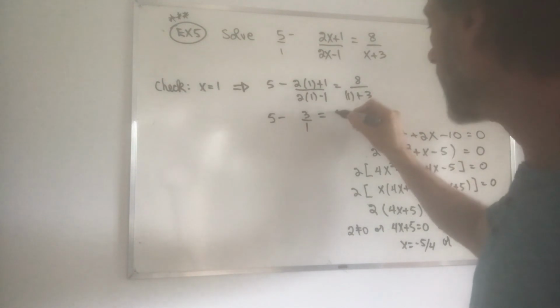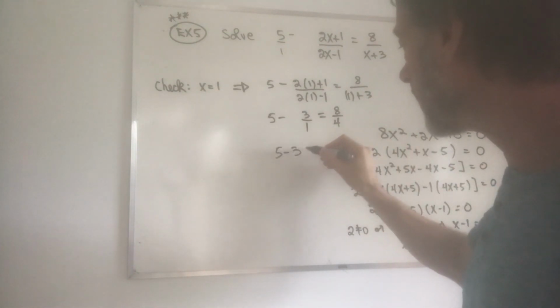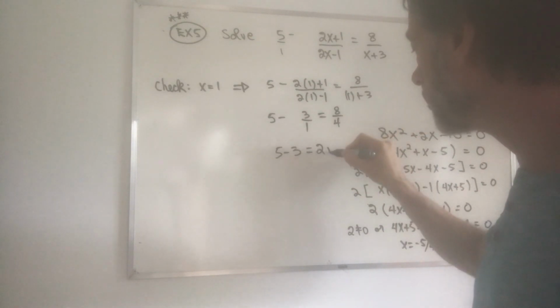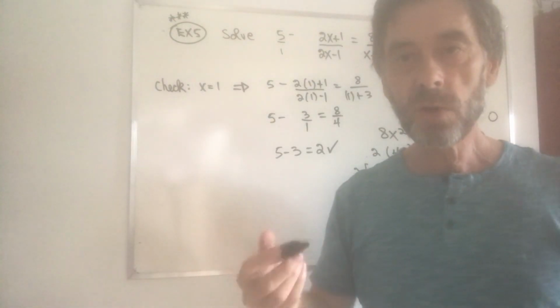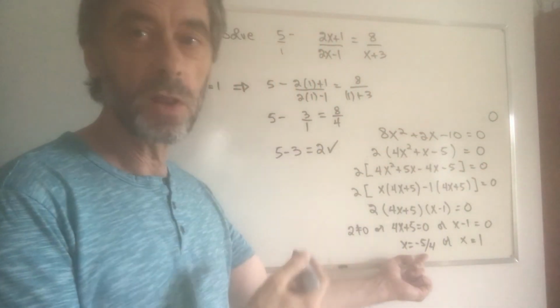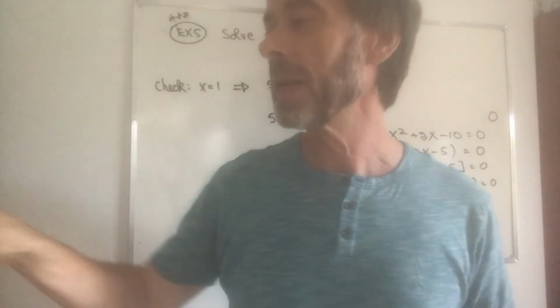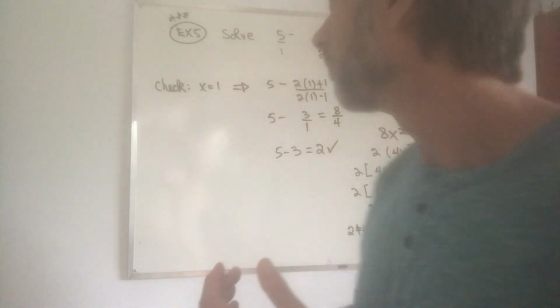That should be equal to 8 over 1 plus 3. So 5 minus 3 equals 8 divided by 2. Check. The same thing holds true for the other answer, minus 5 over 4. It's a little longer to check because it's a fraction. So I will leave this to you as a little exercise.